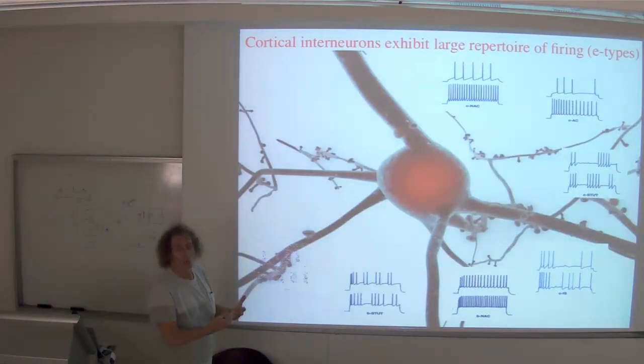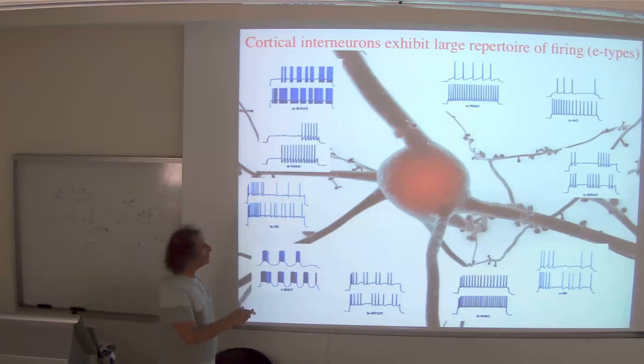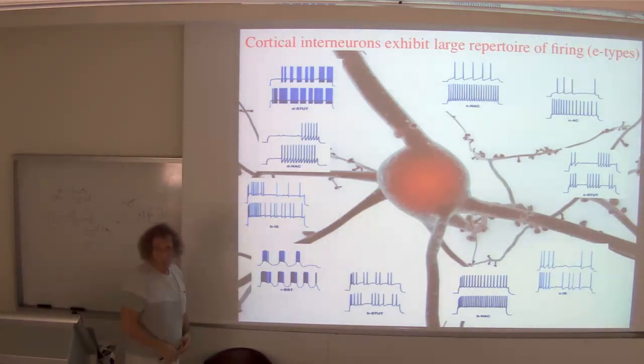There is a lot of noise within each type, so to speak. So the question is, how many really objective types do you have? Neurobiologists like to look at it by eye, because we are classifiers ourselves. We say this is accommodating, not accommodating, burster, stutterer, we give names. But are these names objective, or do we just like them?